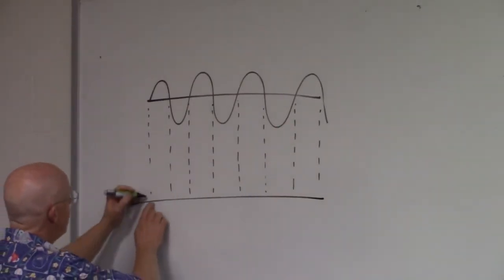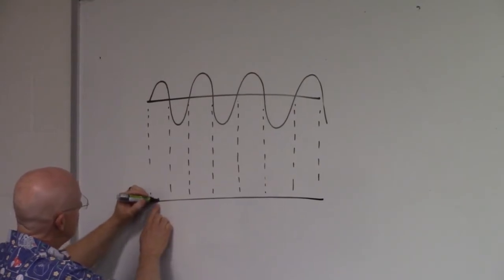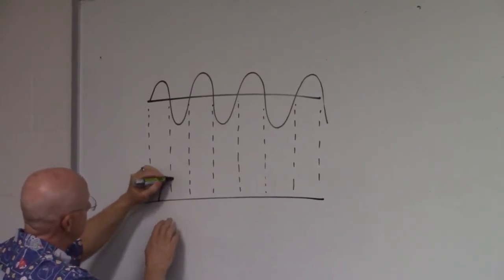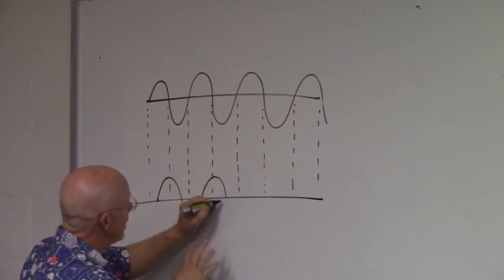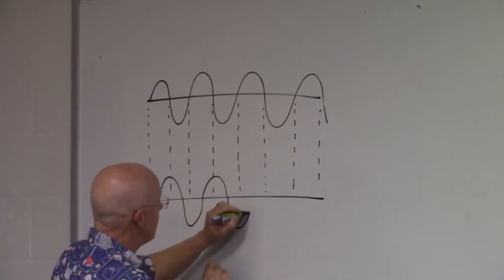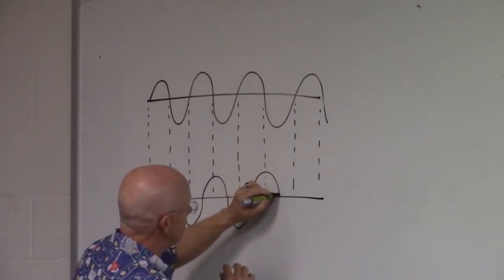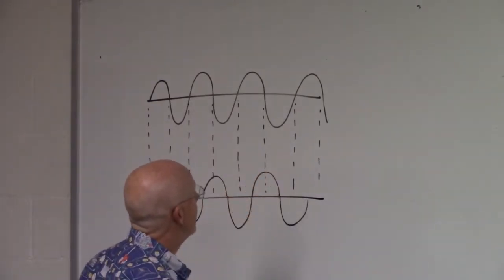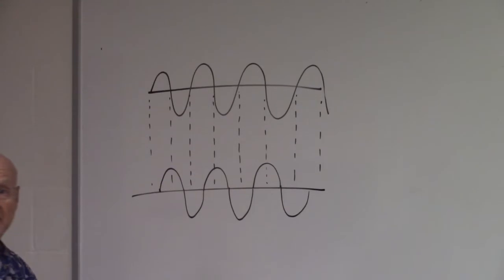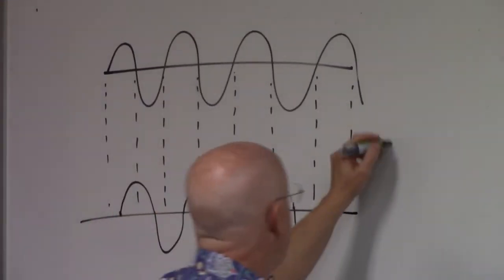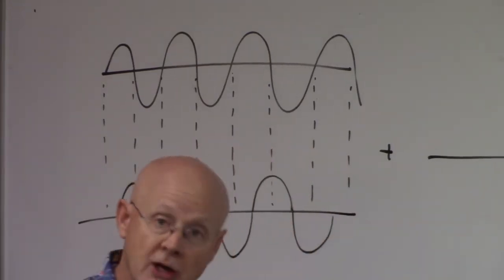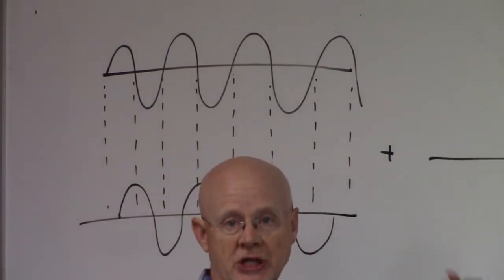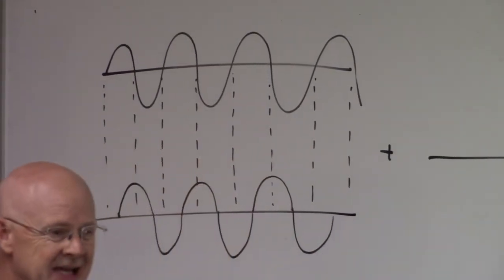So if I draw it out of phase, maybe I'll start it here, and it's going to go up to here, down to there, and I hope I'm drawing something that looks like the same wavelength, the same amplitude, but shifted in phase. And we're going to add that together, and there's that fancy word: we're going to take the superposition of these two and see what we would get.